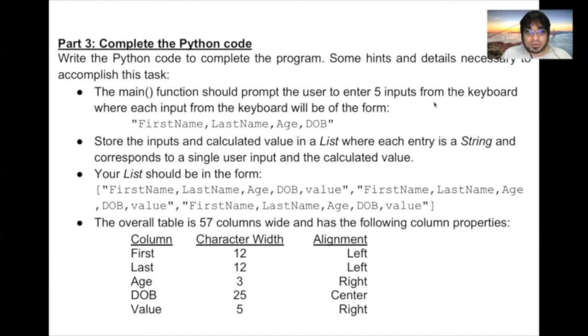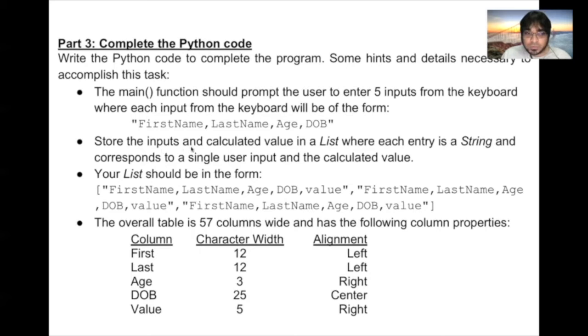For instance, the keyboard inputs will be in the form of first name, comma, last name, comma, age, comma, date of birth. So we will be only testing with valid ones. We are not going to put in like 10 different things separated by commas, so don't worry about that. Assume that the inputs will be correct.